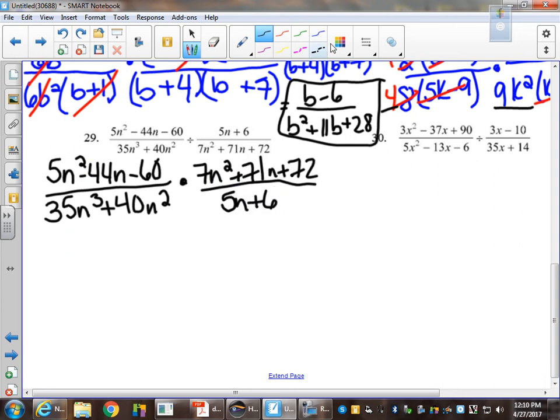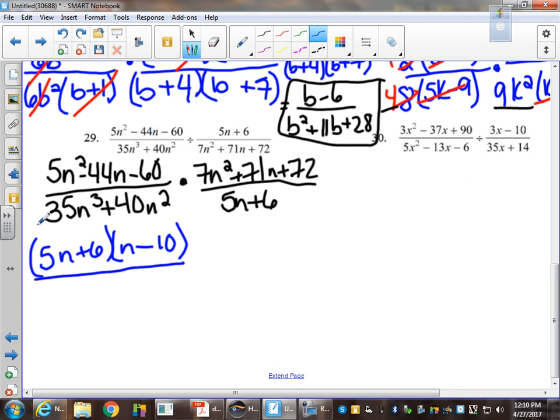We can factor out our numerator of our first fraction, 5n. n. We're going to use 10 and 6, 10 here, 6 here, 6n and 50n. This will have to be negative, the 50, and the 6 will have to be positive to get to negative 44. In the denominator, we can factor out a 5n squared, which will leave us with 7n plus 8.